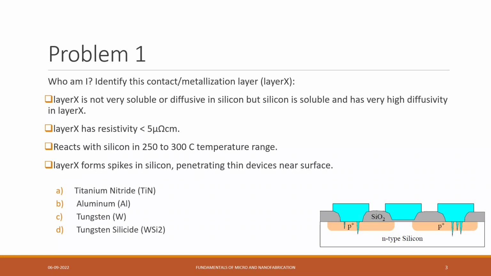These are the properties of this layer X, and out of these four options you have to tell which one is the layer X. The property that layer X forms spikes in silicon penetrating thin devices near surfaces has been represented in this diagram. You can tell which one you think is correct, and we will discuss.